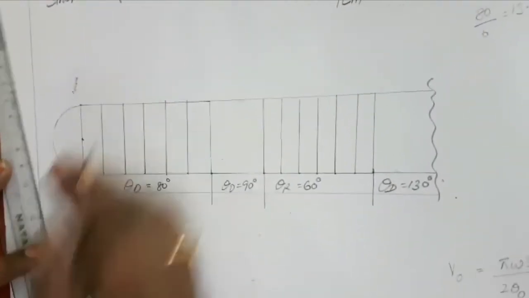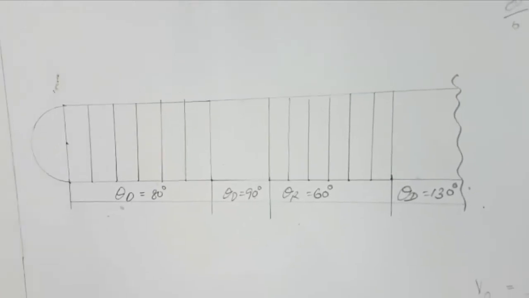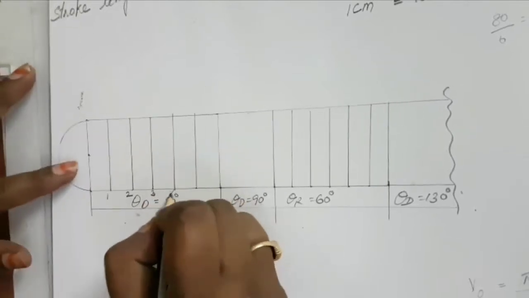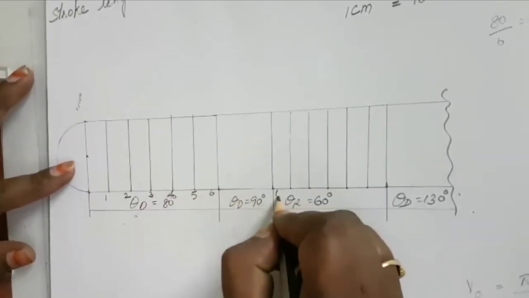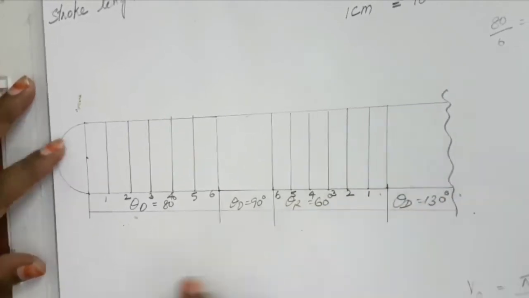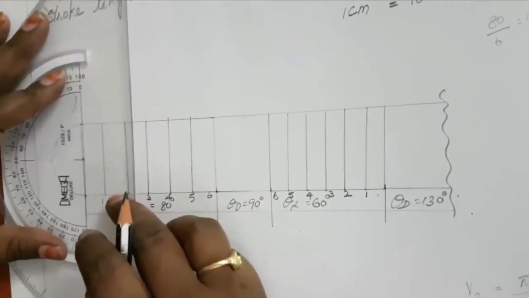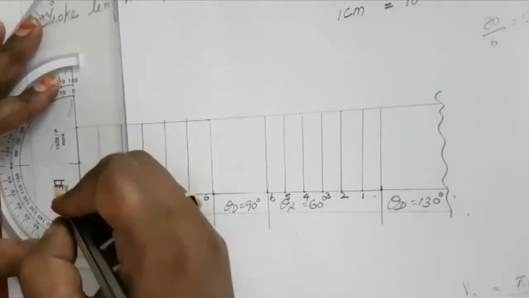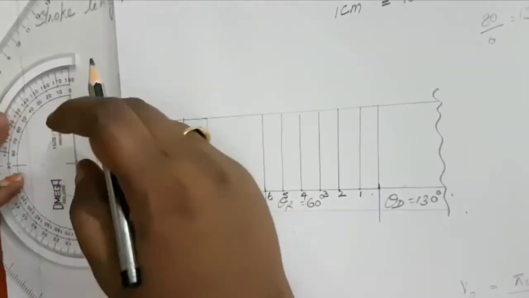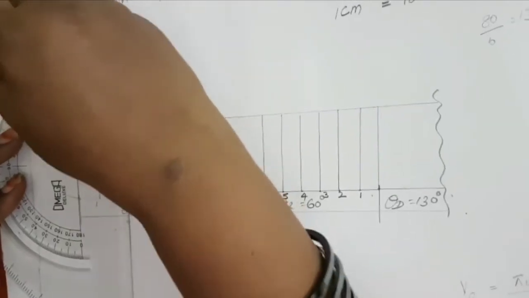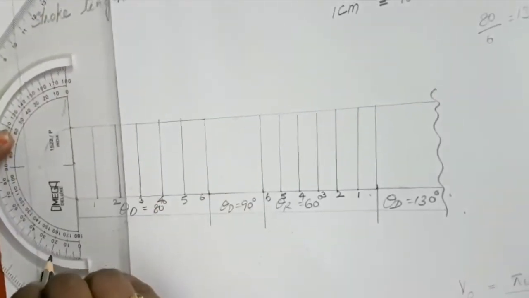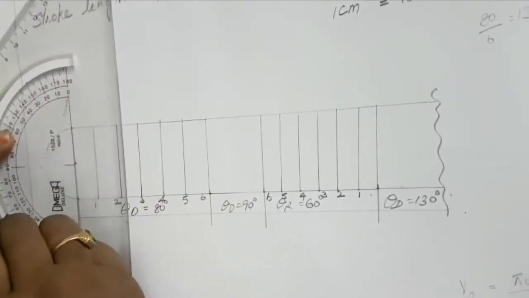Now take a protractor. You have already divided the displacement diagram into 6 equal parts, so the semicircle also has to be divided into 6 equal parts, and then mark these divisions. The semicircle is totally 180 degrees. 180 by 6 gives 30 degrees for each division: 30, 60, then 90, and then here 30 and here 60.